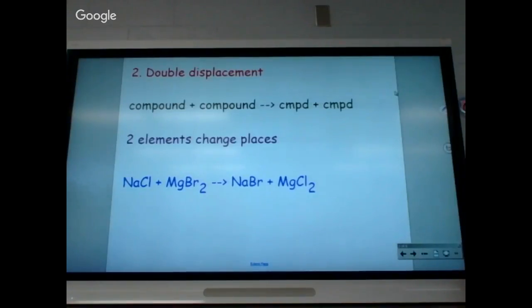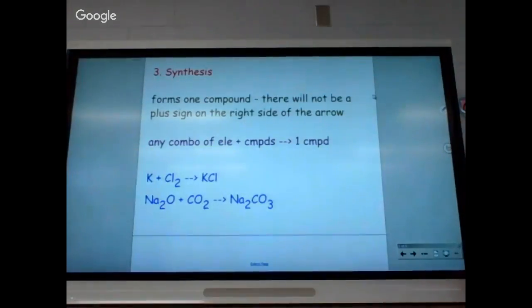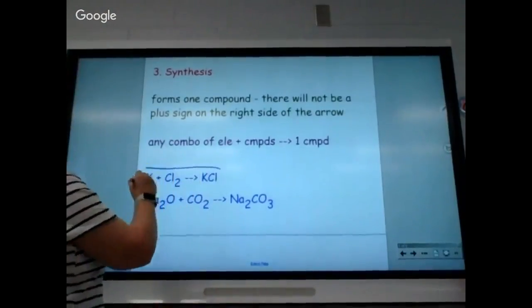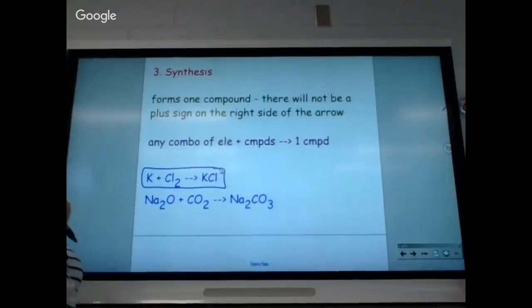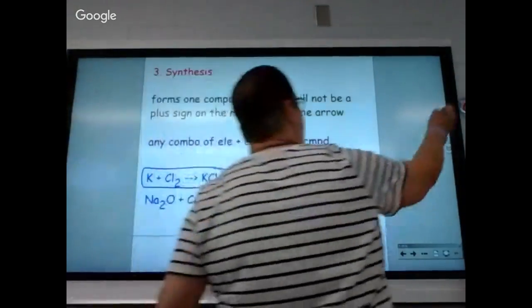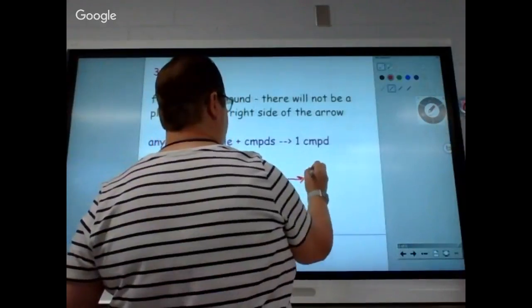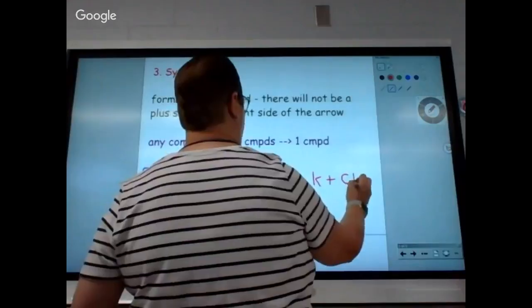All right. Now, then we talked about synthesis and decomposition. They're the opposite of each other, okay? So, in this one, I wrote the equation as a synthesis reaction. If you look at it, it has no plus sign on what side? No plus sign on the right. Now, the flip of that is to write it as KCl becomes K plus Cl2.